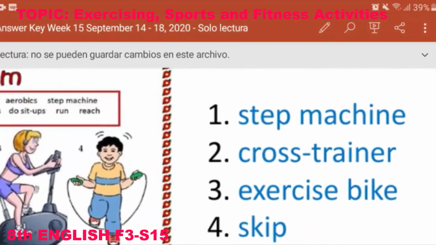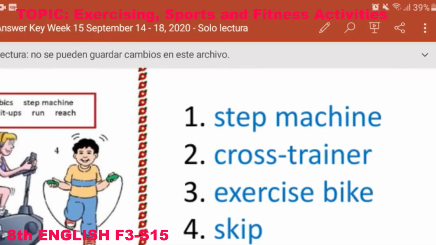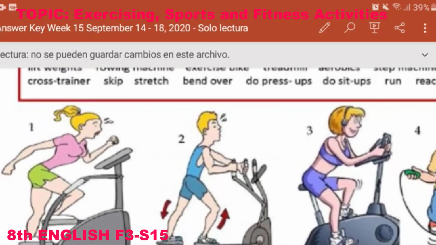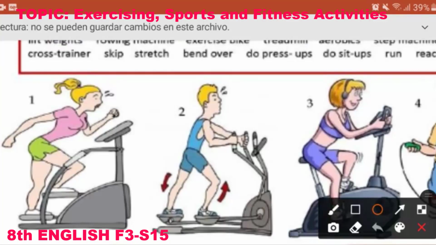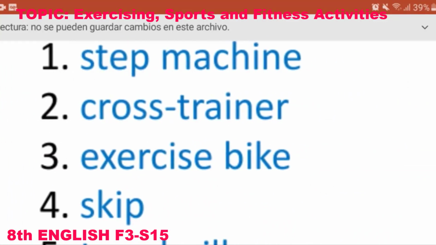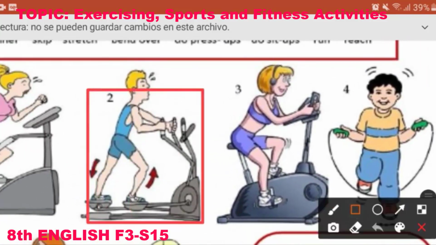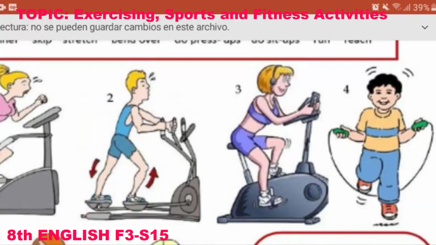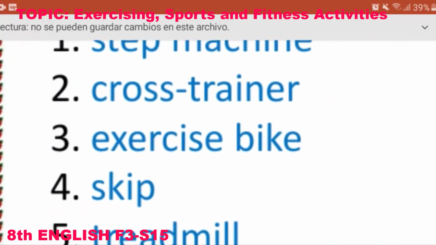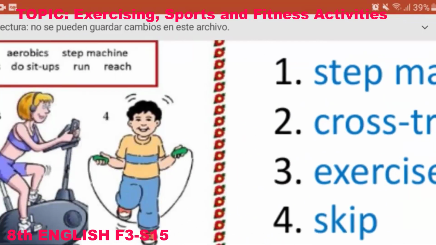Listen and repeat. Step machine, step machine, okay? Number 2, cross trainer, cross trainer. Number 3, exercise bike, exercise bike.